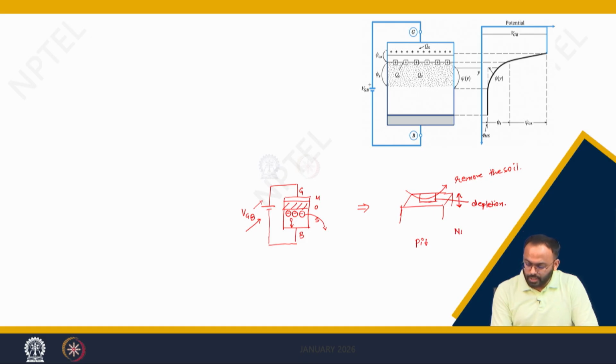But can you increase the depth of this pit so deep? No, because even if you apply so much force to remove the soil, what will happen? After a certain point, the groundwater will leak and come to the surface. That groundwater is nothing but the inversion charge.